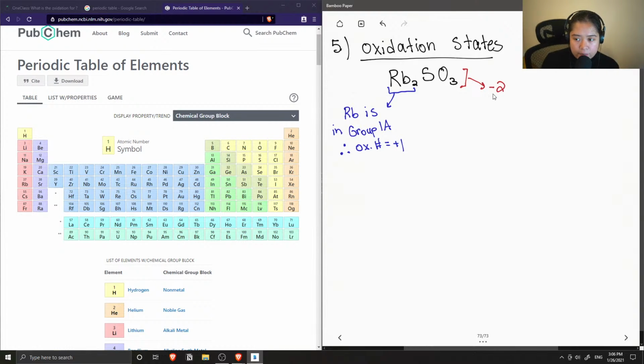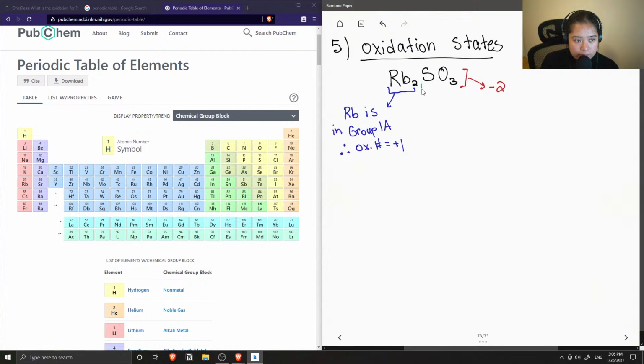The only exception is if it is involved in a peroxide. So then if it was a peroxide, oxygen would have the oxidation state of -1. But since it is not, then it has an oxidation state of -2.